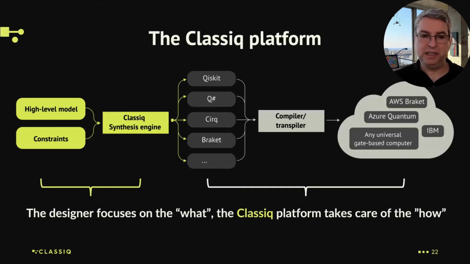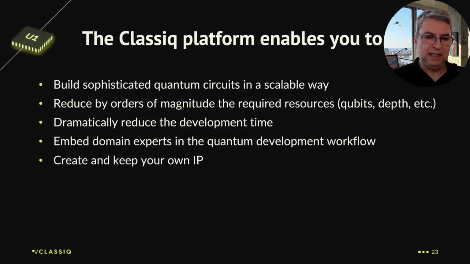It could be Qiskit or Q# or Cirq or QIR or Braket. And then it goes through the transpiler or compiler that you use today, and we can run it on pretty much any universal gate-based computer, whether on AWS, on Azure, on IBM, IonQ, or many others. And what happens as a result of this is that you, as the designer, focus on what you want to do, and the system figures out how to do it.